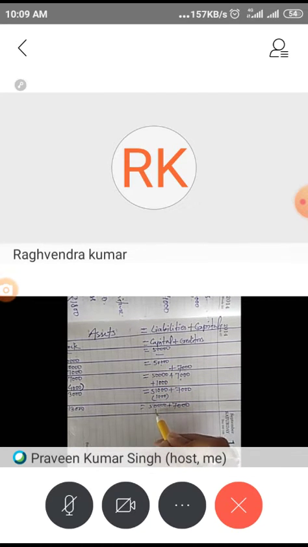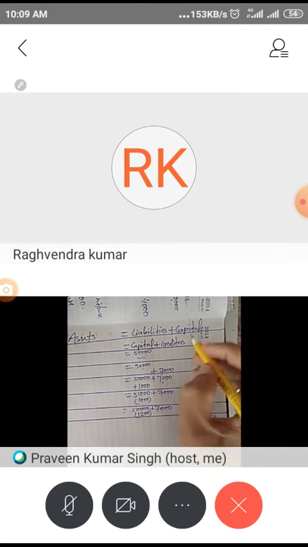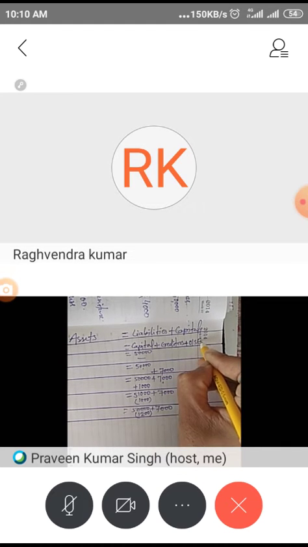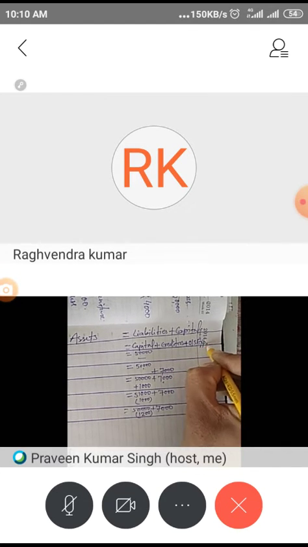So I will deduct 1200 from capital, and it is our liability. So liability will increase in the form of outstanding expenses.